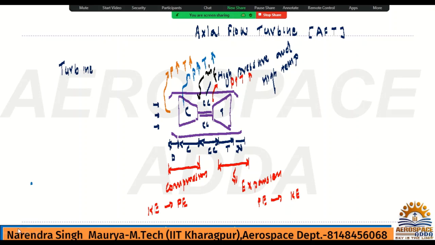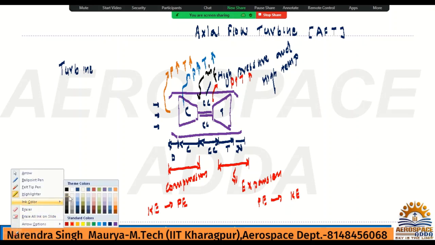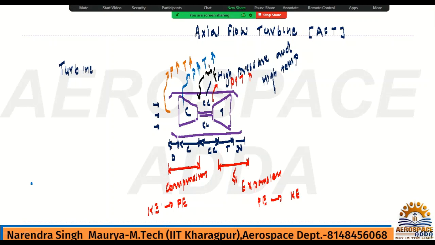In compression, kinetic energy was converted into pressure energy, hence velocity was decreasing, but pressure and temperature were rising. But here, when pressure energy is converted into kinetic energy, the pressure and temperature will be decreasing. Why? Because this high pressure and temperature will be converted into kinetic energy.